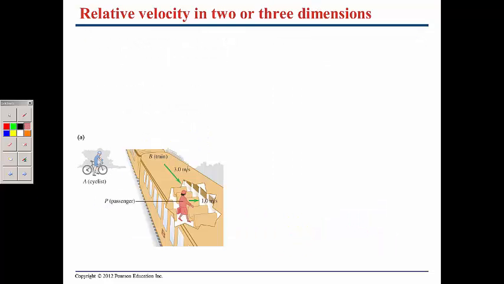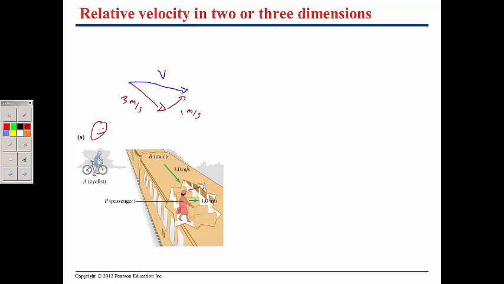Now we can do this in 2 or 3 dimensions. If here we are a cyclist and now the train is moving in that direction and the passenger is now walking in that direction, we can say, alright, 3 meters per second, 1 meter per second. Now we see the passenger walking away from us, as well as going forward.